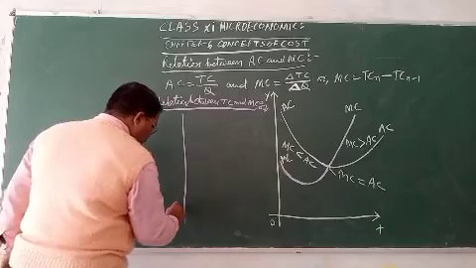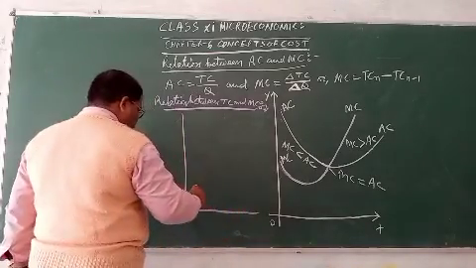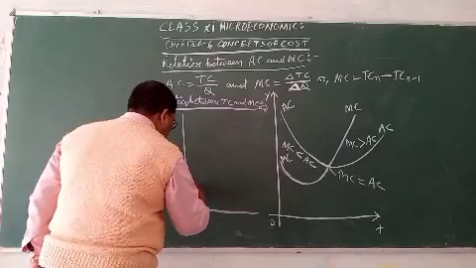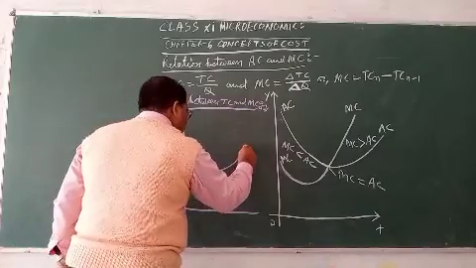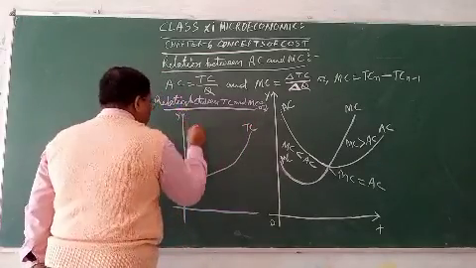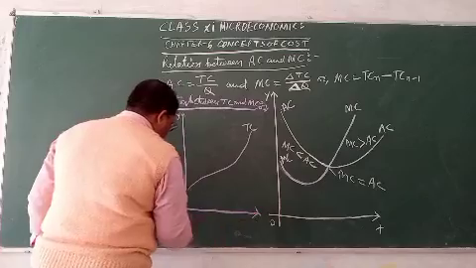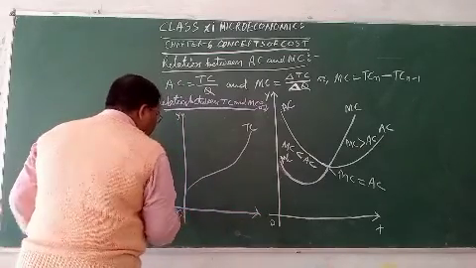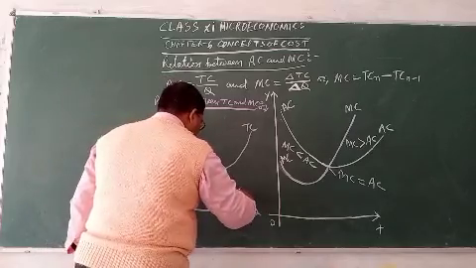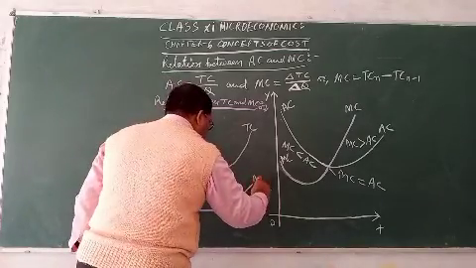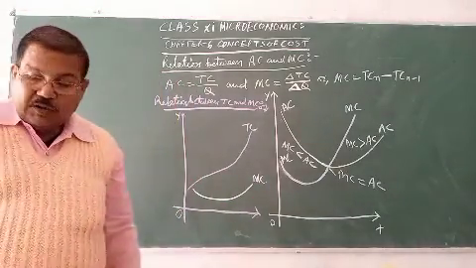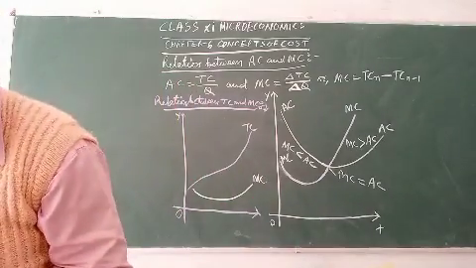Here is the diagram. This is the TC curve, y-axis, x-axis, O, and here is the MC curve. Let us see what is the relationship between TC and MC.